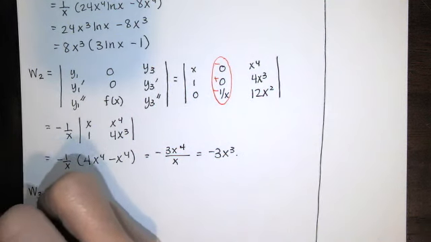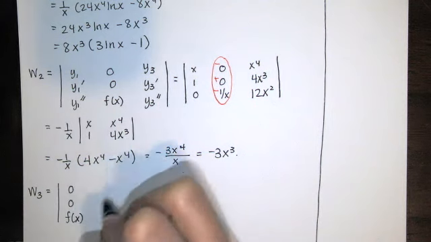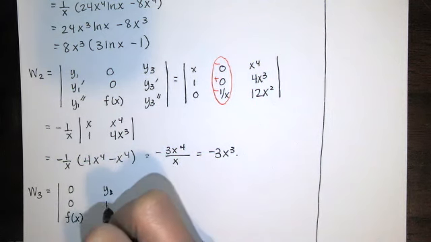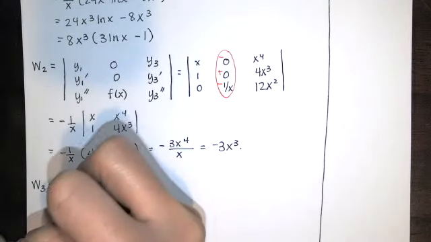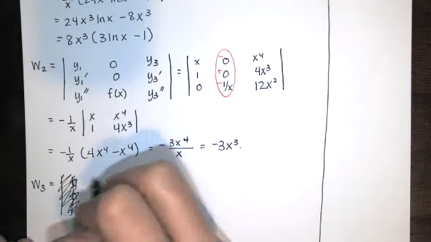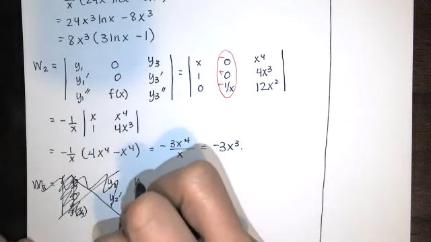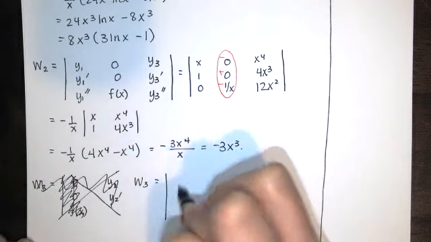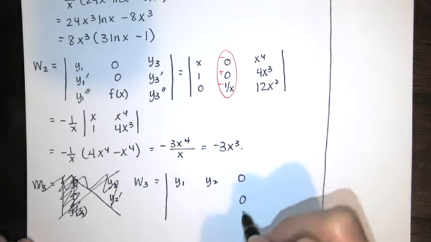Last one. Oops, sorry. For W3, making a mess here. We replace the third column with 0, 0, and f of x.